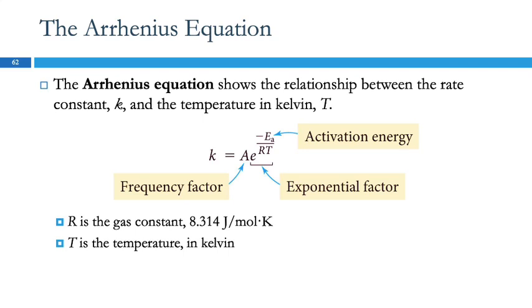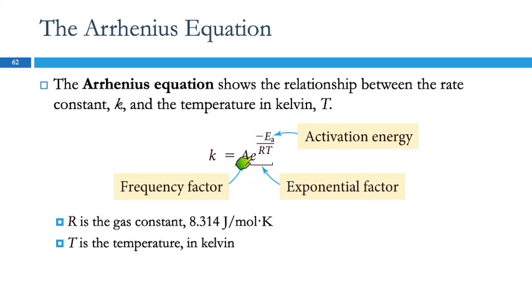So we have an equation that gives us the relationship between the rate constant and the temperature in Kelvin, and this is called the Arrhenius equation. Again, this is one that's given on your information sheet for exams, but we need to know how to use it. So here, the rate constant is equal to a frequency factor times an exponential factor.